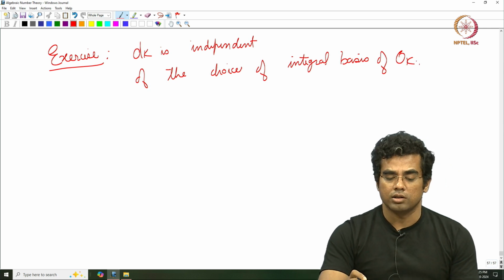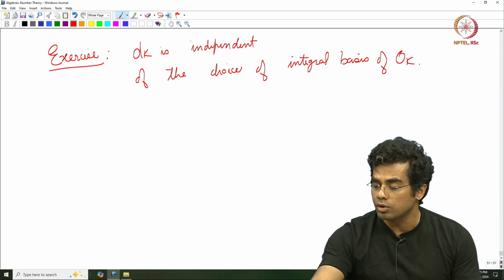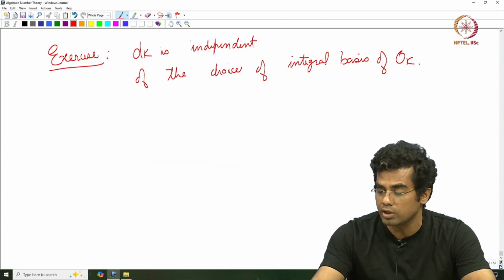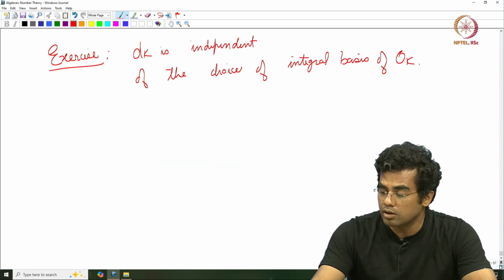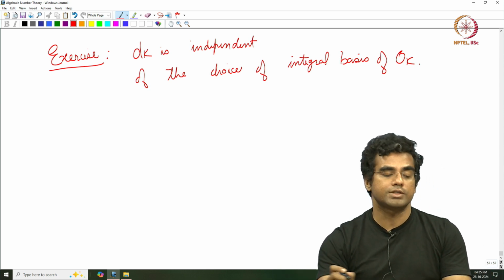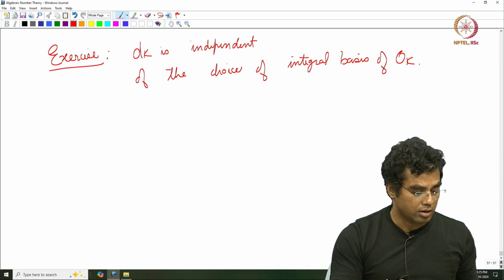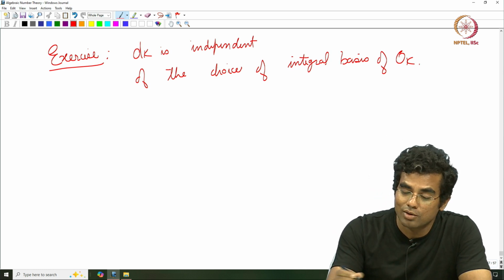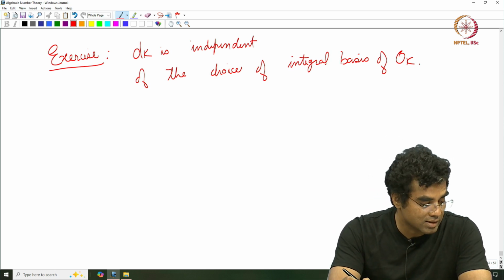So, this is an exercise that if you do, this proof will become transparent. Okay. So, you should really do this exercise. This is an exercise in linear algebra over Z. Okay. It is nothing complicated, and since algebra is a prerequisite for this course, I can leave this as an exercise.